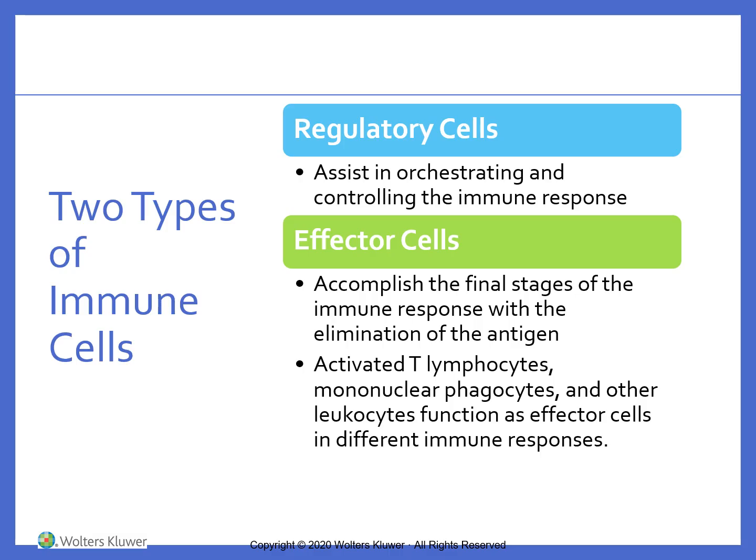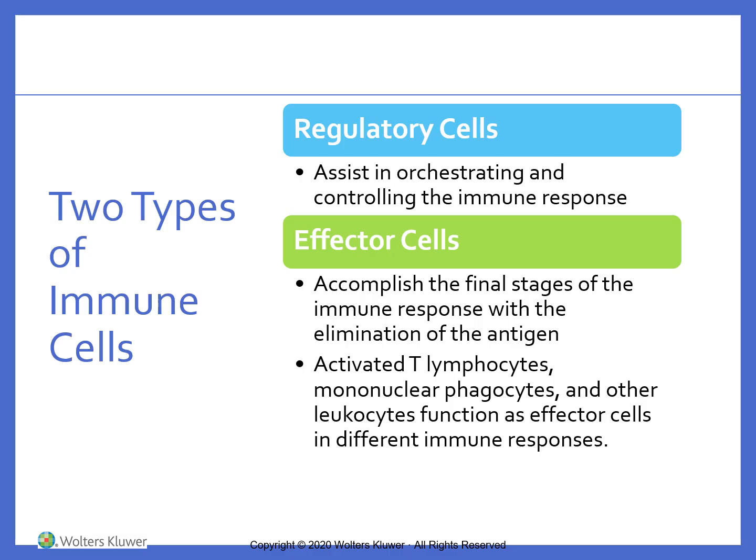In the body, helper T lymphocytes activate other lymphocytes and phagocytes, whereas regulatory T cells keep these cells in check, meaning they prevent any exaggerated immune responses from occurring. Cytotoxic T lymphocytes, macrophages, and other leukocytes function as effector cells in different immune responses.